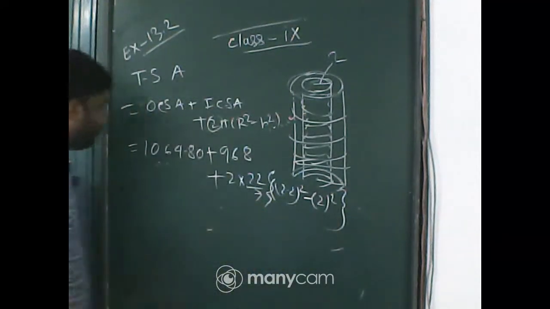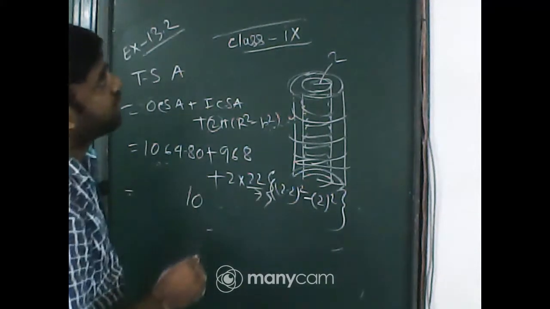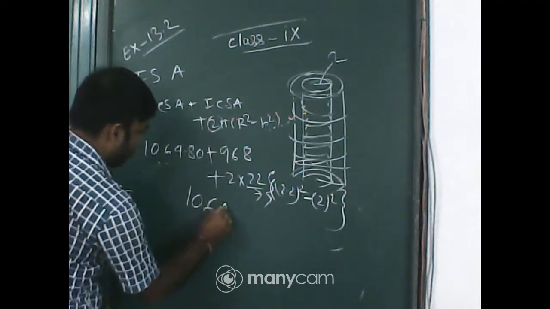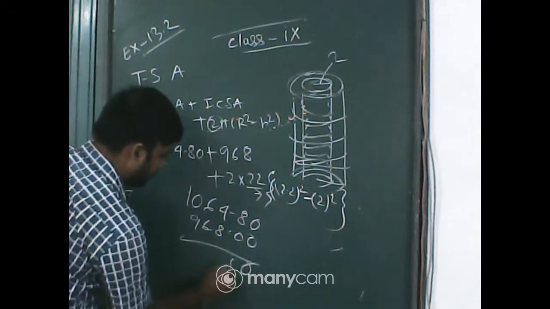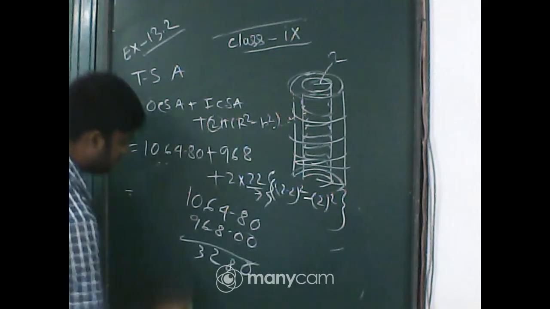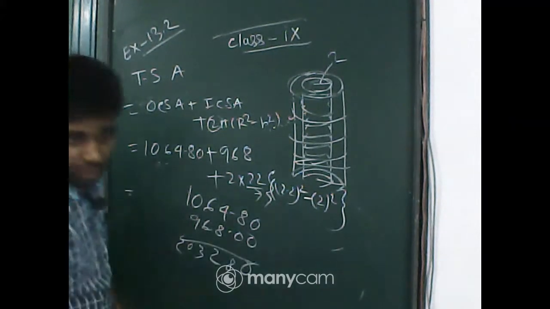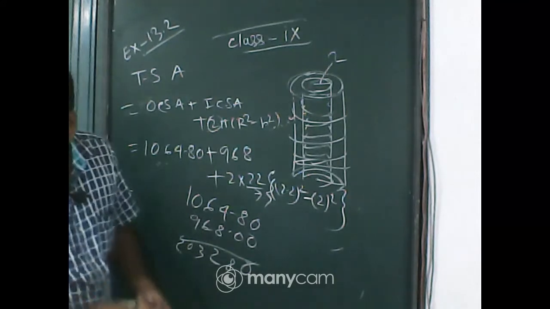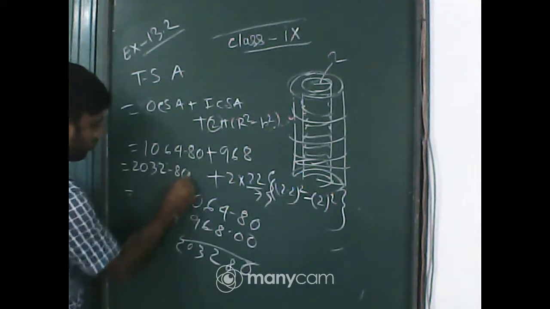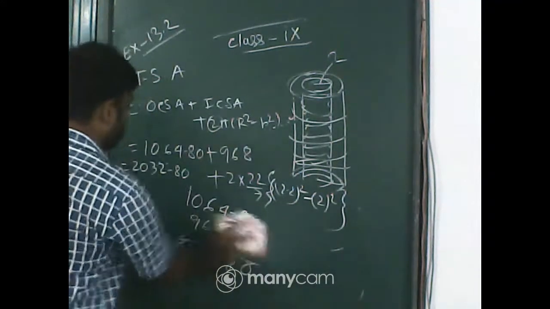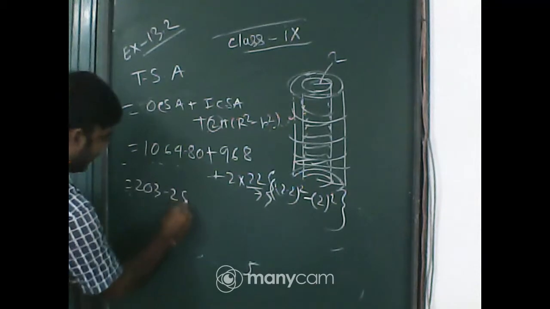Okay. So if you add these two, that is 1064.80 plus 968, you get 2032.80.